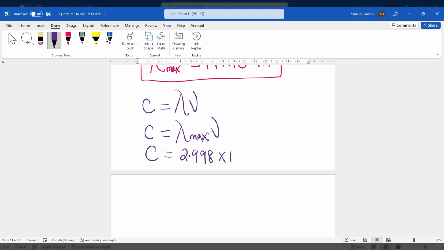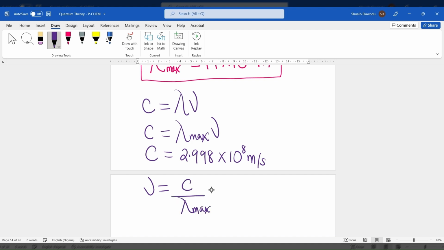2.998 times 10 raised to the power of 8 meter per second. This is the speed of light, right? Anytime you have a question where you have the wavelength but you don't have the frequency, you can use the constant value of the speed of light to determine it. So the frequency is simply the speed of light divided by the wavelength at maximum.